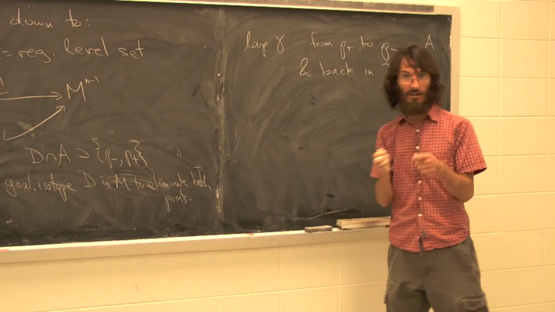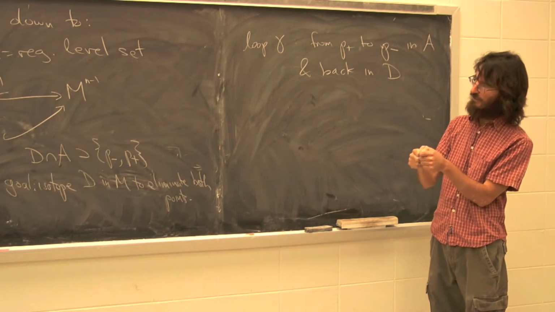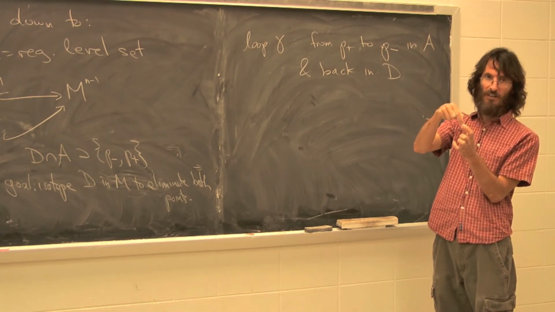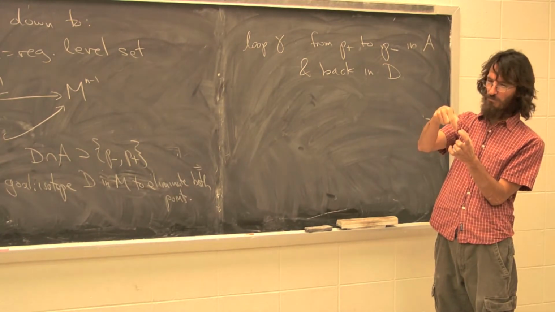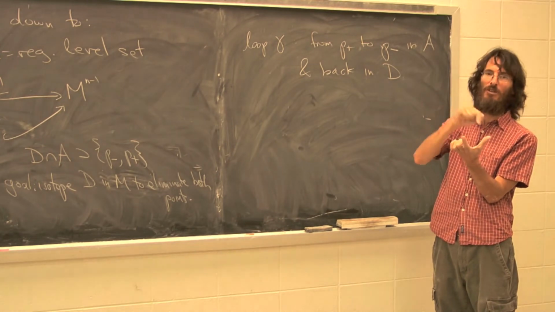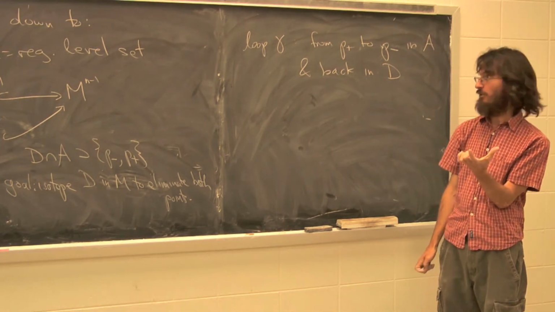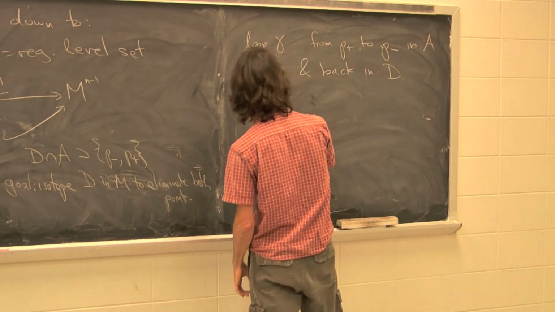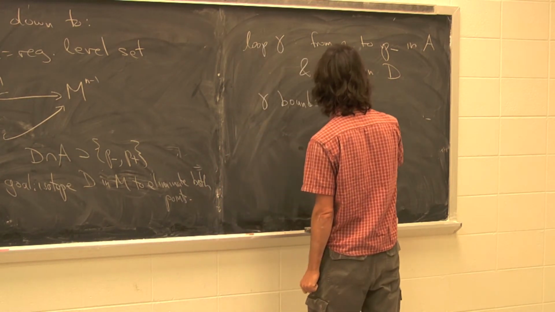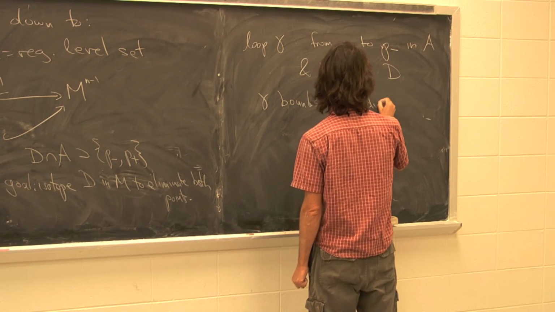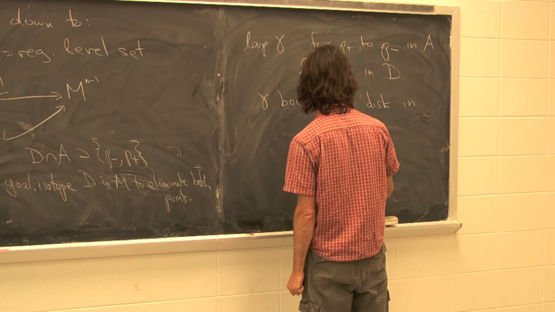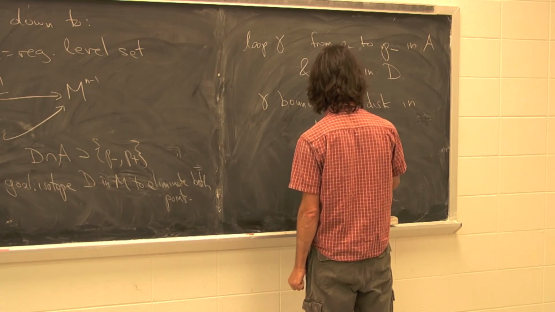So you've got two spheres intersecting at 2 points, and you choose an arc in each sphere connecting those 2 points, and that gives you a loop. And what you want is gamma to bound an embedded disk in M minus A and D, well, except on the boundary.